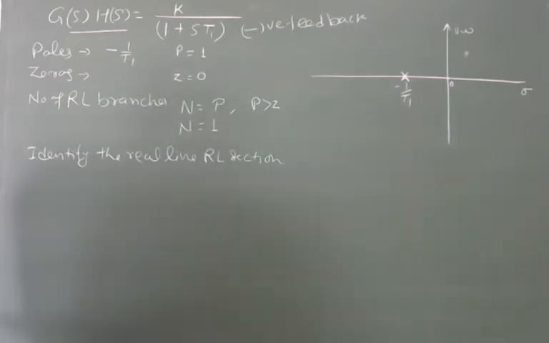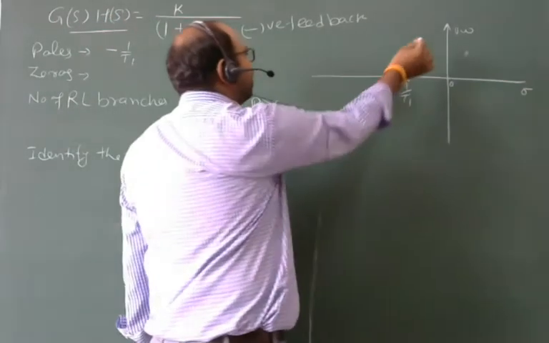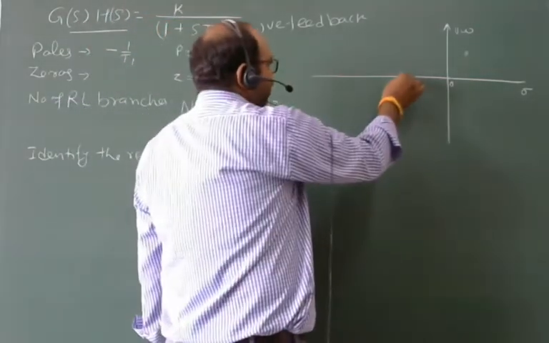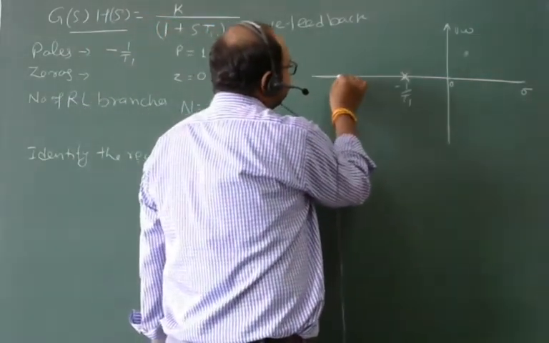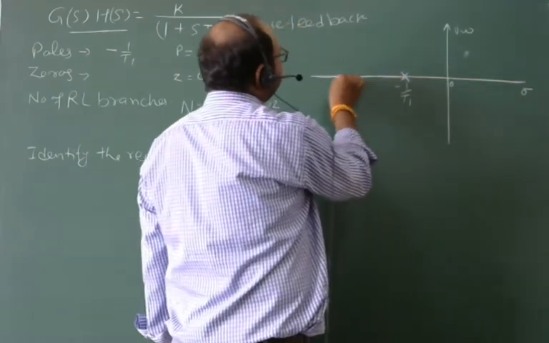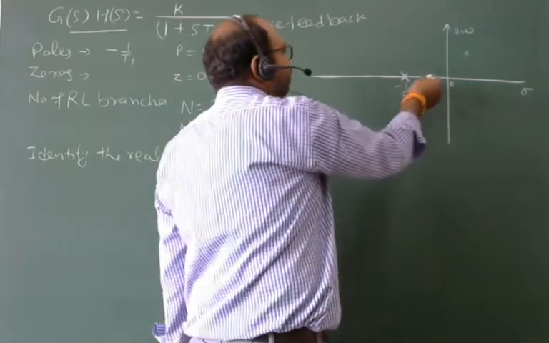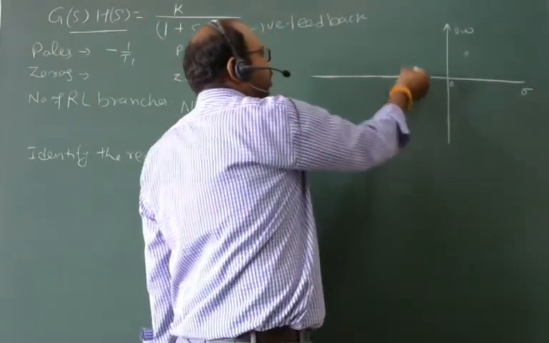And if negative feedback is there, then which one will be the RL section? On the real line, this is the section in the right of which we have only one pole.